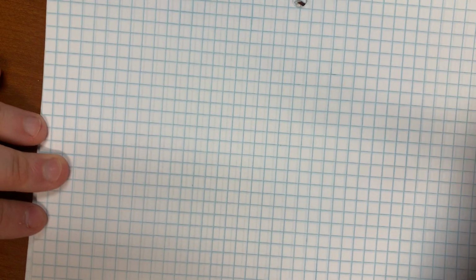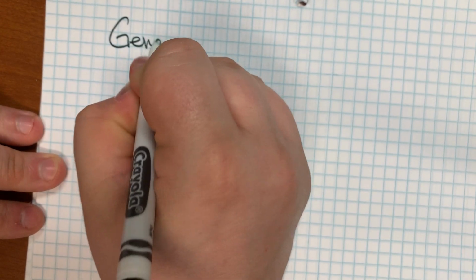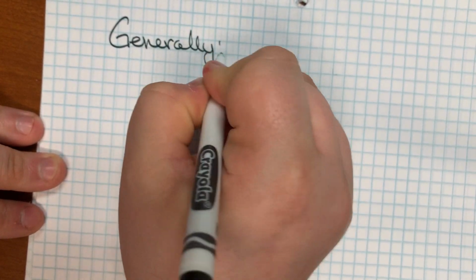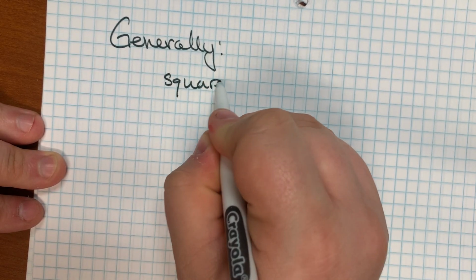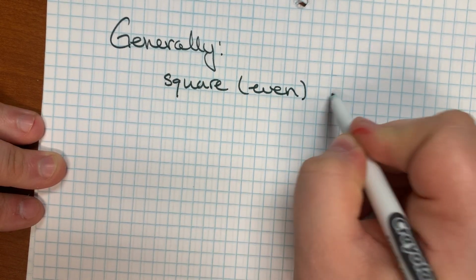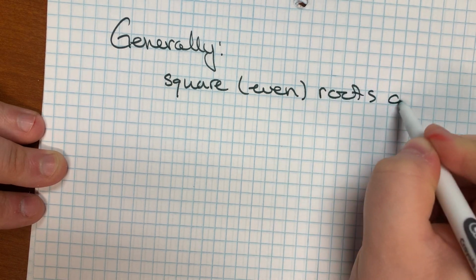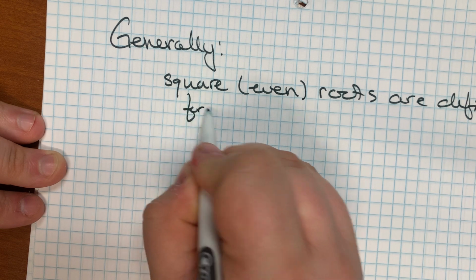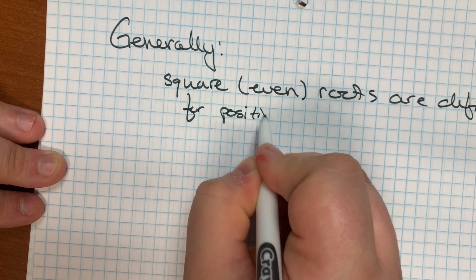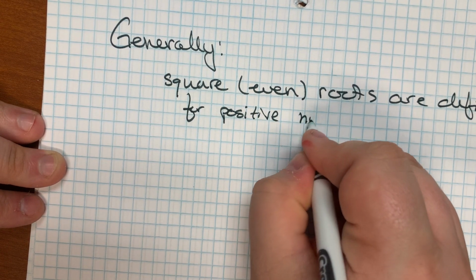So to generalize, square or even roots are defined for positive numbers.